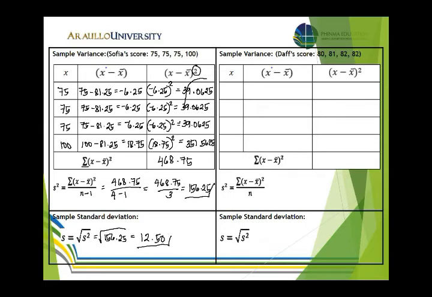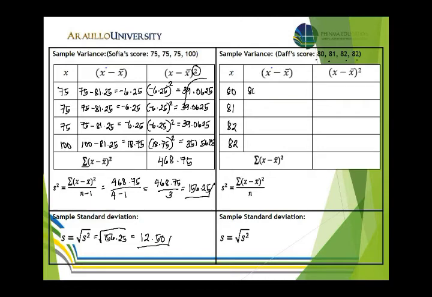So for sample variance of Sophia's score, we have 156.25, and then yung standard deviation naman is 12.50. So next we have Daphne's score, which is 80, 81, 82, 82. Okay. Same process.